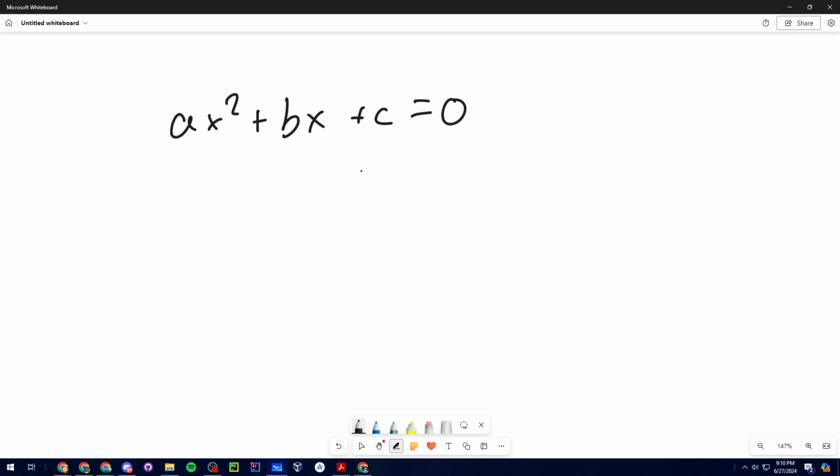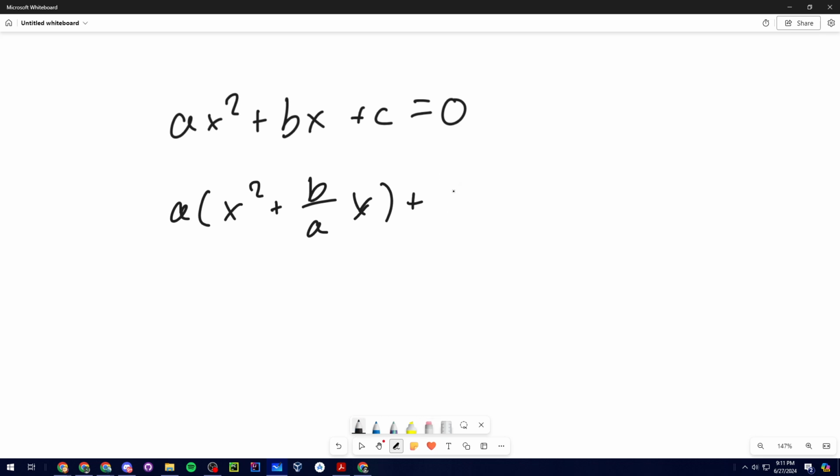Or, well, actually, I can't do that because I need to make sure the quadratic stays the same. So I'm just going to pull out that a and do x squared plus b over a x. And you guys probably know how to complete the square by now, so I'm just going to add that term that we need, which is b over 2a.